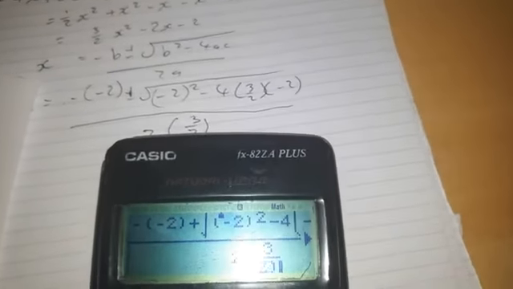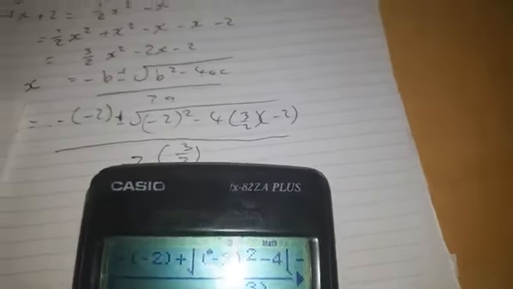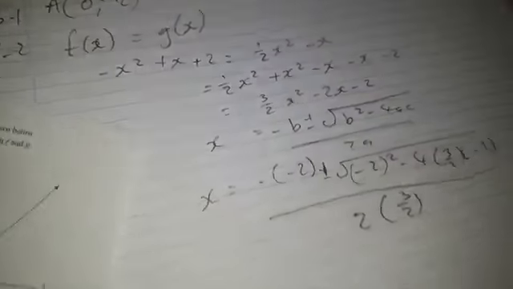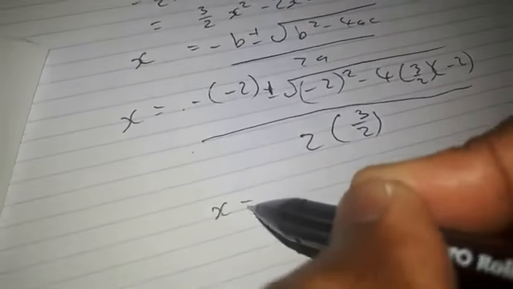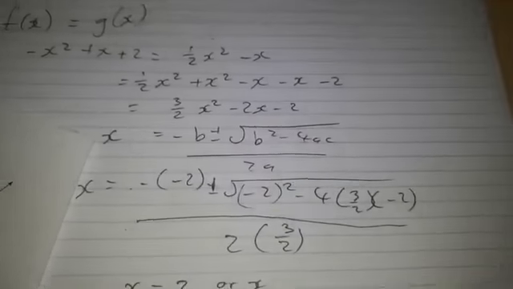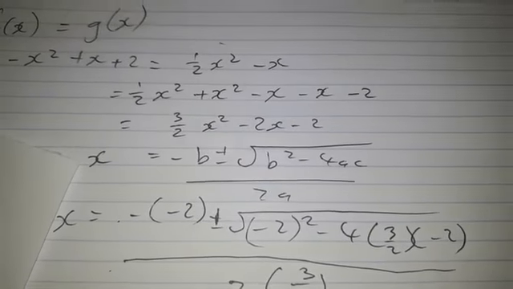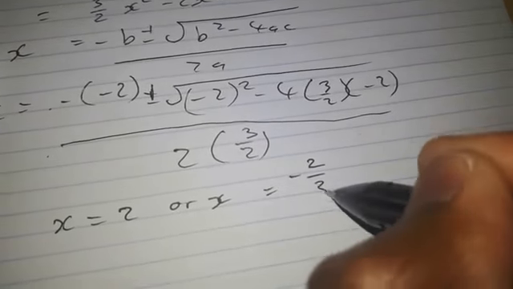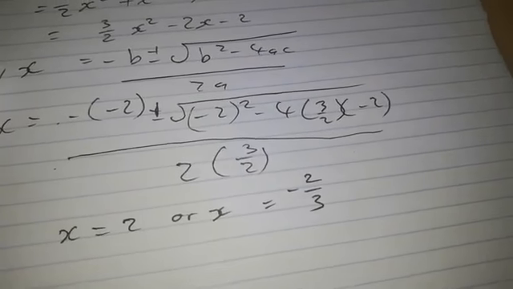Whew, this is not so good. But let's see. x is a positive 2. Okay, x is equal to 2, or in our calculator, our other x value, if you put a minus there, is going to be negative 2 over 3, sorry. Those are our two x values.